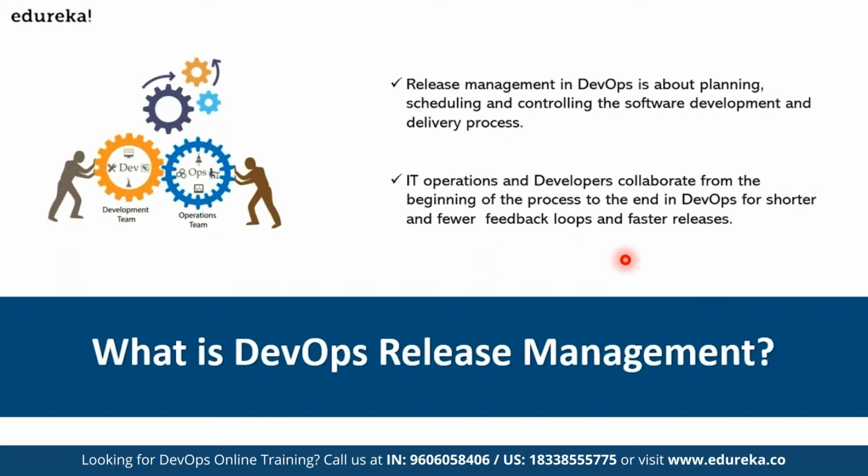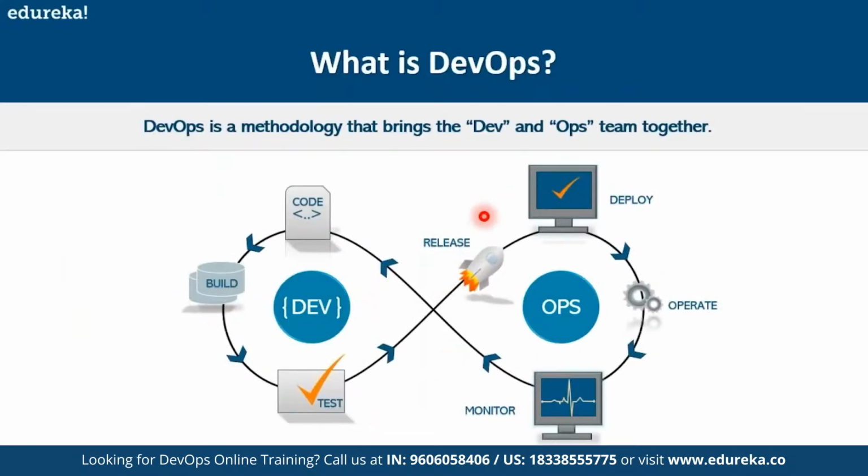IT operations and developers collaborate from the beginning of the process to the end in DevOps, for shorter and fewer feedback loops and faster releases. Which is the most critical step according to you all? All the steps are equally important, but the main steps are the ones in which there is interaction between the two teams, the developers team and the operations team.